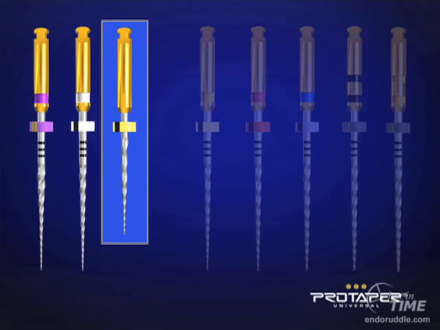We can use this to flare orifices, marry orifices to axial walls, and finally we can use it to remove triangles of dentin. The second application of Shaper X is to help you treat and get a full shape in the body of the canal on anatomically short teeth or in badly broken down teeth.